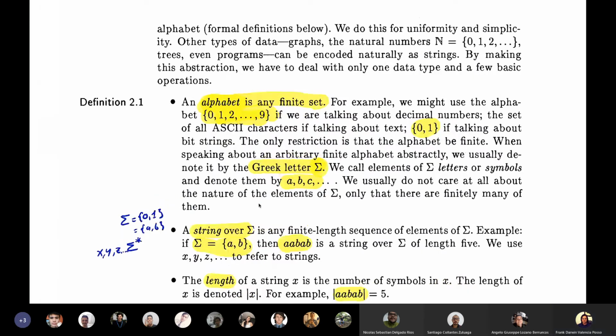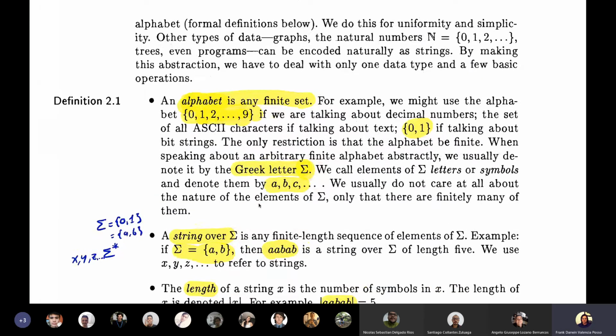So then there is the alphabet. An alphabet is any finite set. It's important that the alphabet is finite. An example for numbers is the alphabet 0, 1, 2, ..., 9. Every number can be built from symbols of this alphabet.